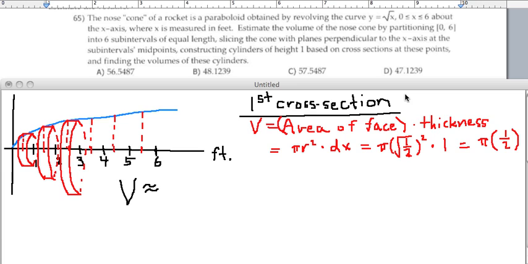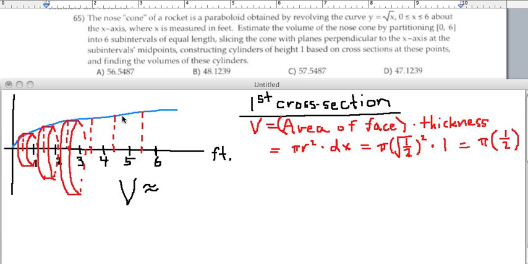This is a good example of doing that. Finding volumes of a limited number of cross sections, and then we can approximate the volume of the entire region, or figure, which is what this problem is asking you to do. And so I found the volume of the first cross section, and then there's very little work to do after that when you see the pattern.